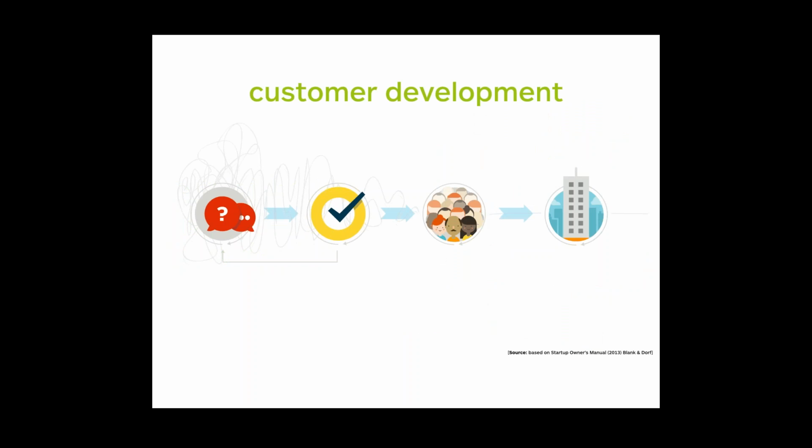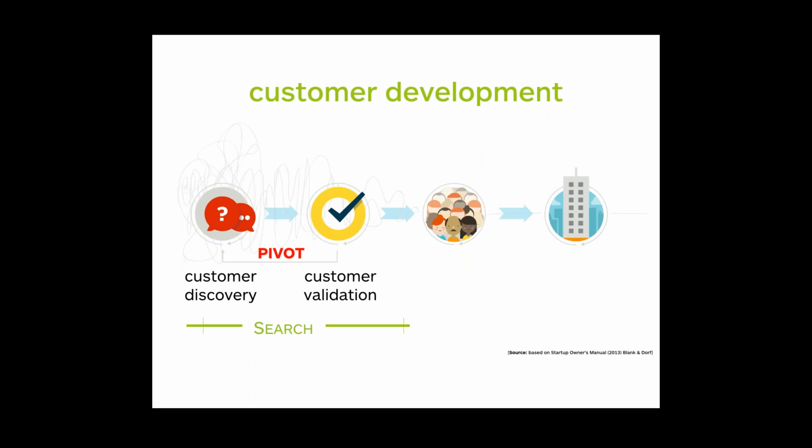And so the customer development process is outlined into kind of 4 steps. We start with customer discovery and customer validation as the first 2 steps, and that makes up our search phase. In customer discovery, we're trying to find customers and what problems they're having, and then we're trying to identify possible solutions that could resolve those problems.